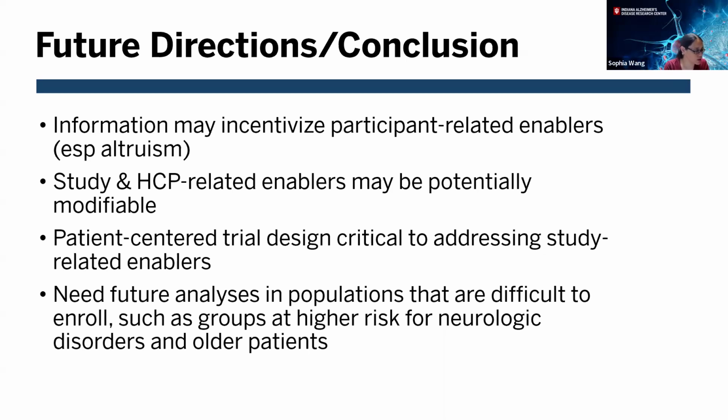And we'll talk a little bit more about this, hopefully, in our discussion, but really thinking about patient-centered trial design. So really trying to, and this gets back to the title, think about how a participant will view this study. And a lot of the systematic review wasn't able to capture enough information about groups at higher risk for these neurologic disorders and older patients.